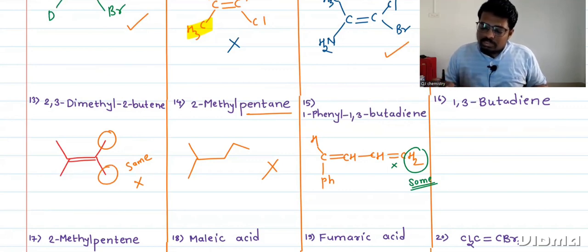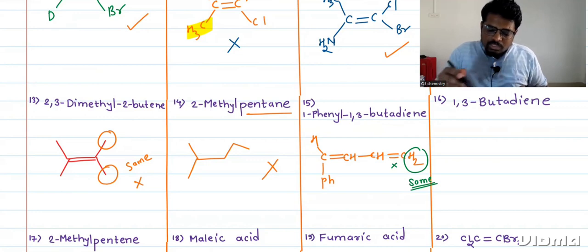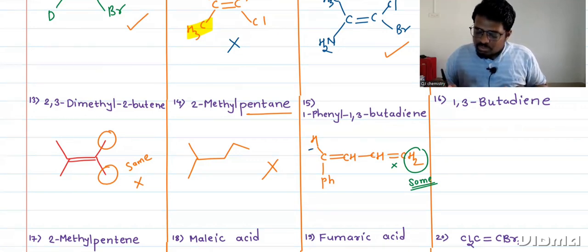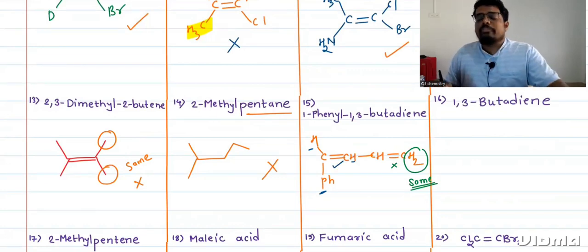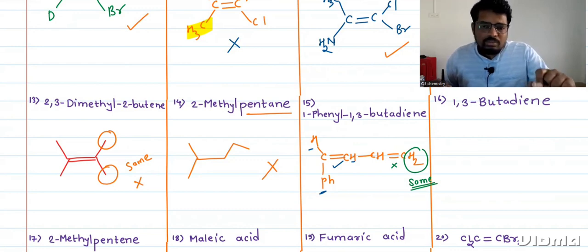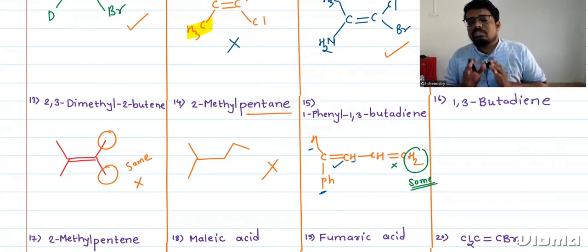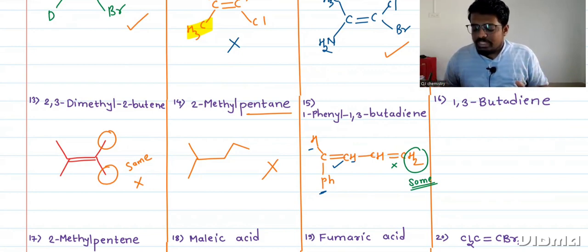Now check the second carbon. In the second carbon, one hydrogen, one phenyl, and one different bulky system are there. So all 4 groups are different, so yes, geometrical isomerism takes place. So in this compound, around one double bond geometrical isomerism takes place, but around the second double bond there is none. So the overall molecule shows geometrical isomerism, right? Yes. Next is 1,3-butadiene.